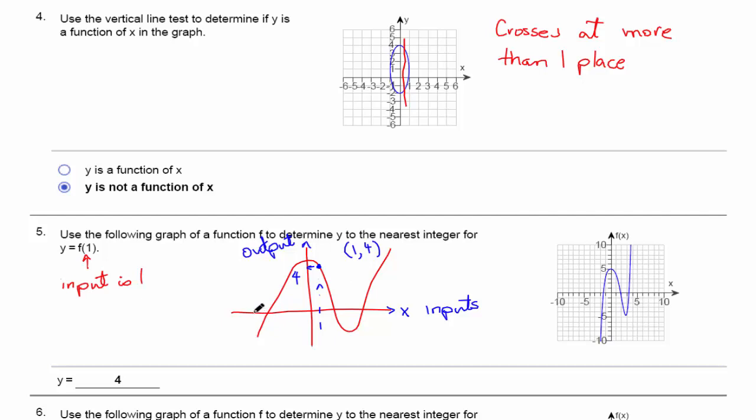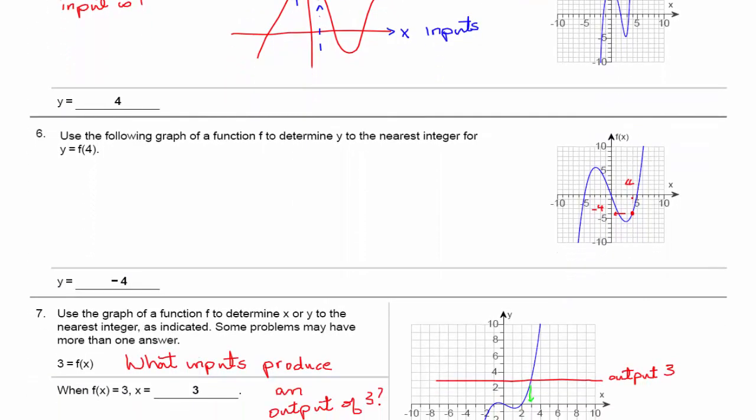If I picked an input here, I'd have to go down and find the graph and then head back to the y-axis. But the x-axis is where the inputs are. The outputs live on the y-axis, and the dots that live on the graph combine the two: input, comma, output.